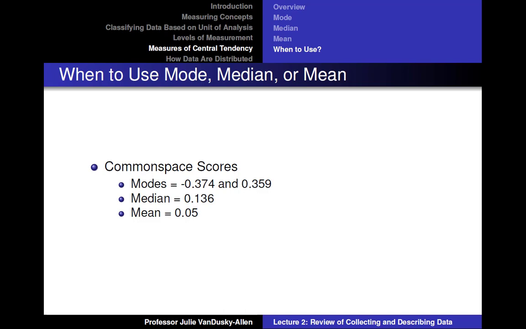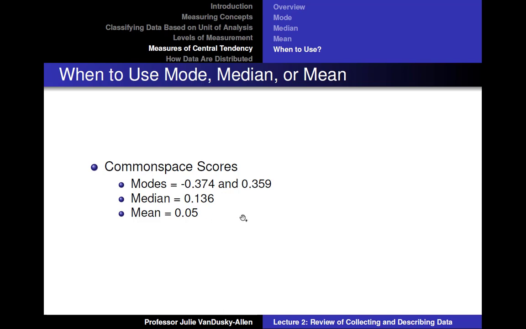Hence, we can use the mode, median, or mean to describe this variable. However, the mode, median, and mean tell us different things about the typical value of this variable. According to the modes, the typical members of the House are either liberal, with a score of negative 0.374, or conservative, with a score of 0.359. According to the median, the typical member is moderately conservative with a score of 0.136. And according to the mean, the typical member is moderate with a value of 0.05.